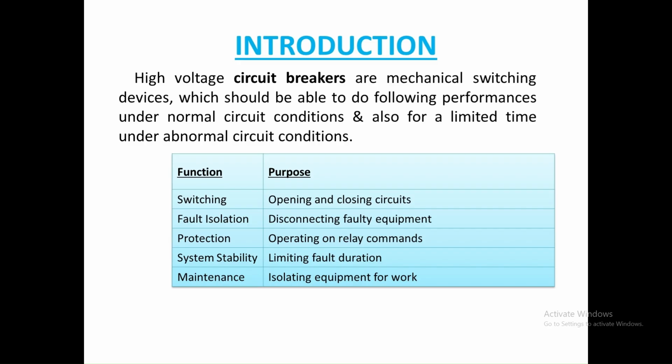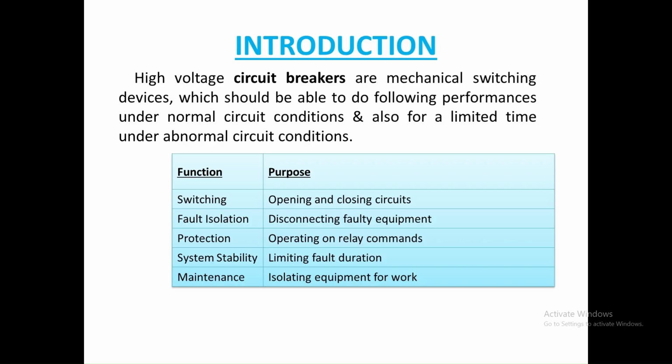Most of you will know that circuit breakers are mechanical switching devices which are able to perform the following under normal and abnormal operating conditions. Normal operating condition is when voltage, frequency, and current all remain stable at rated values, and abnormal condition is the fault or transients.